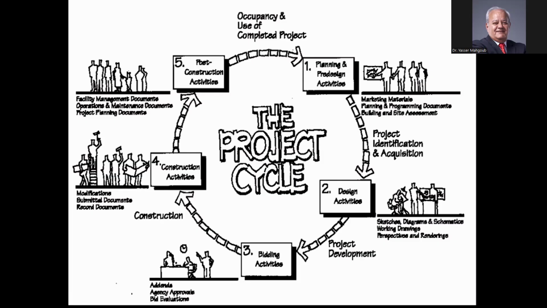And then you give this document to the contractor, where they make bids and provide documents, proof of their capabilities and expertise, and documents from banks and insurance companies and so forth.